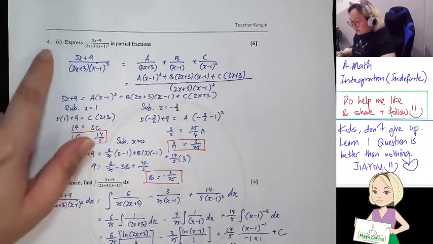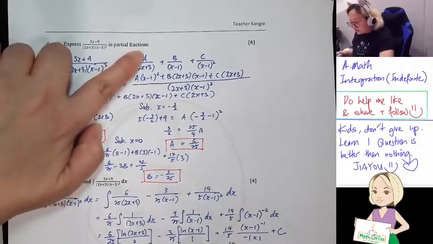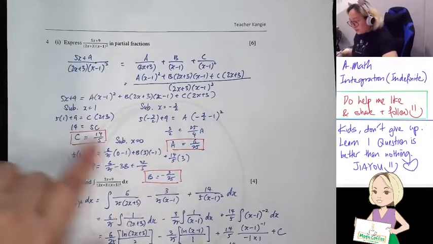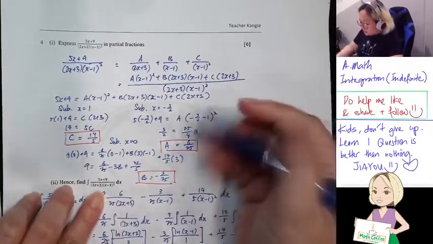He is right, because for part 1, they asked us to express this in partial fraction. So after I find my A, B, C, remember that you need to write this as well. Let me just put it here.